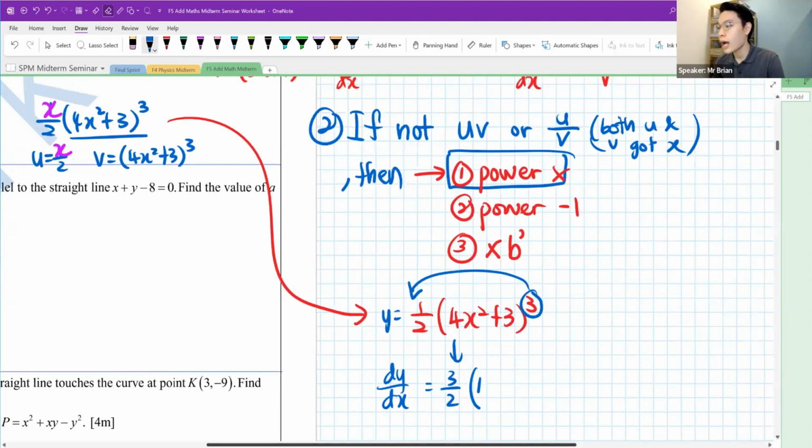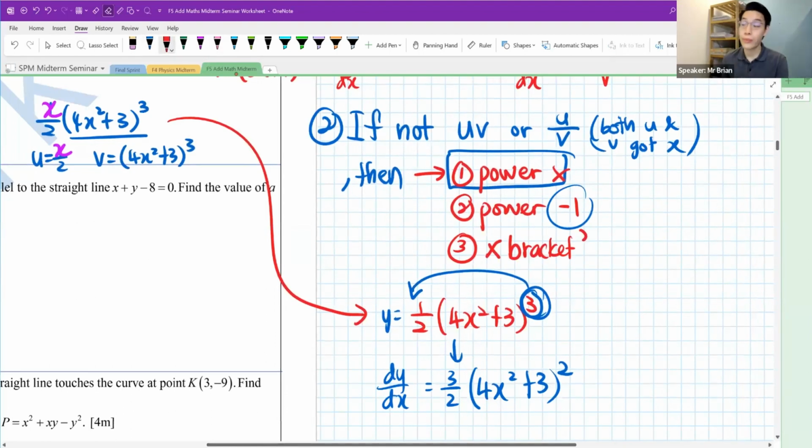Step number 2, I will take the power, just now the power 3, I would minus by 1. Power times power minus. And then this B prime is basically bracket prime. You see, I've been ignoring my bracket. This is my bracket. I'm going to differentiate my bracket because got apostrophe. Anything got apostrophe means differentiate.